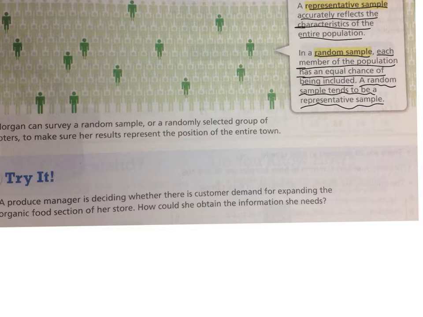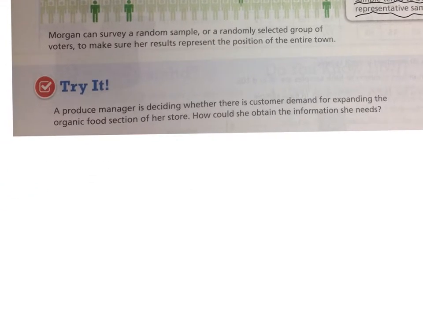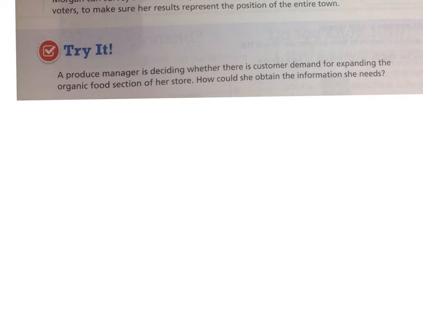So if we look at the Try It, a produce manager is deciding whether there is a customer demand for expanding the organic food section of her store. How could she obtain the information she needs?